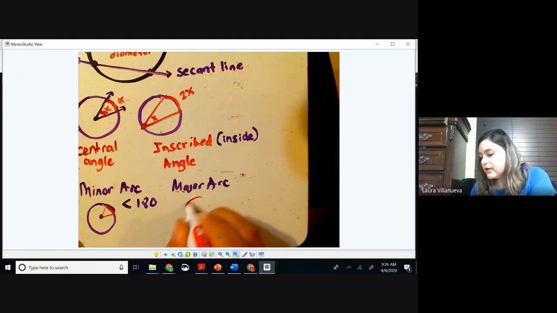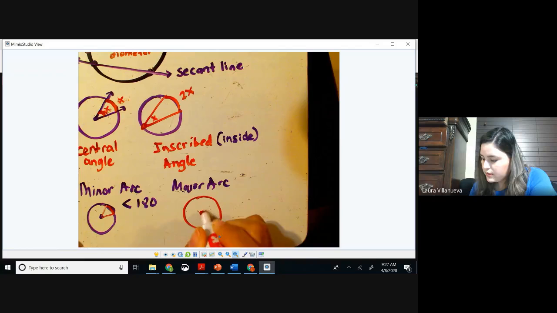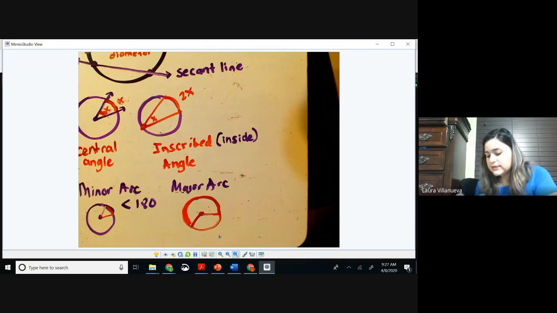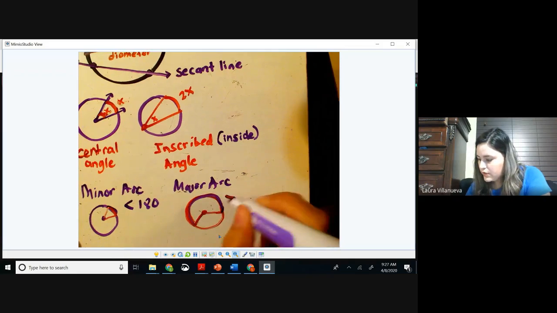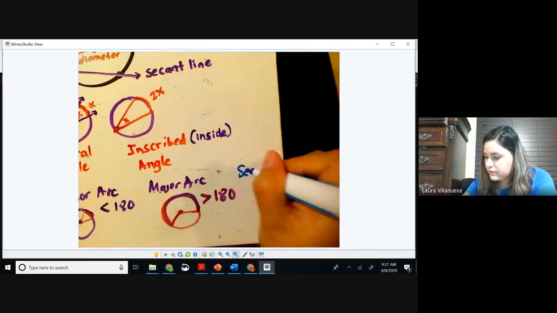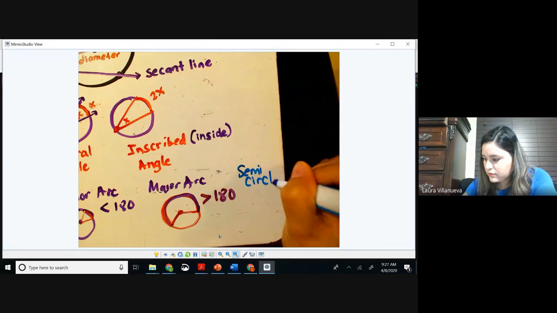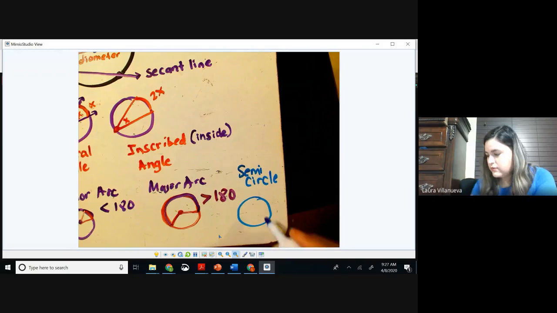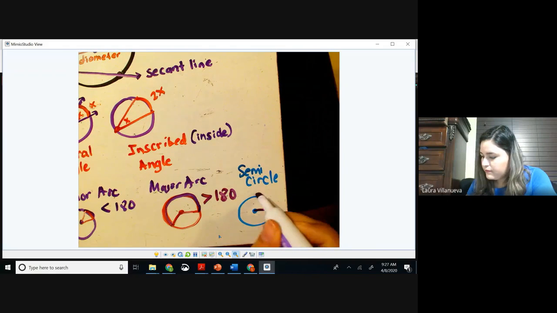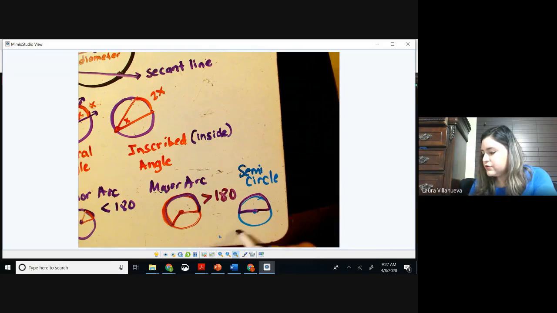If you have a major arc, then you have an arc that is greater than 180. And lastly, if you have a semicircle, then it equals 180.